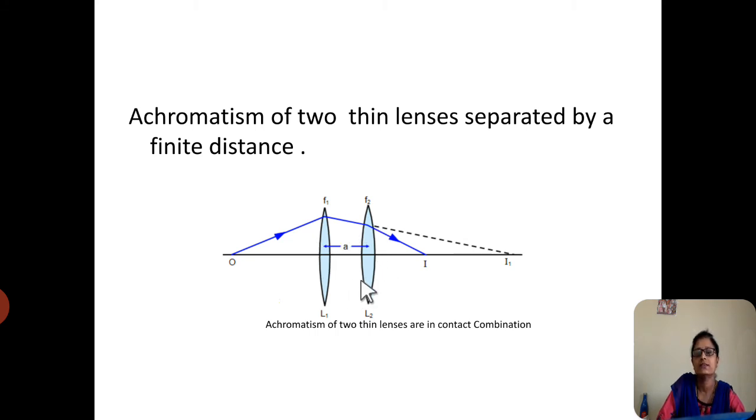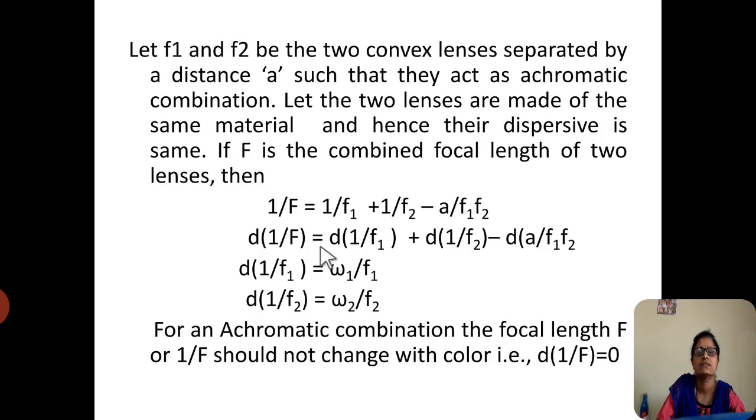Let the two lenses be made of the same material, and hence their dispersive power is also the same. If f is the combined focal length of the two thin lenses, then 1 by f is equal to 1 by f1 plus 1 by f2 minus a divided by f1 into f2.